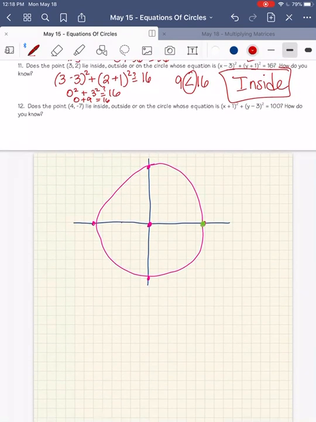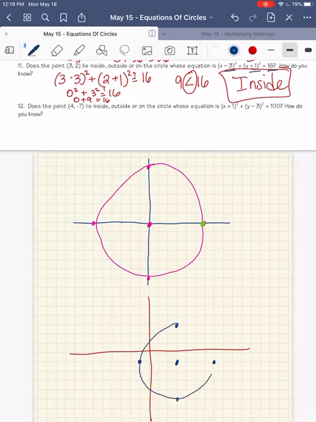Okay? And again, let me draw it really quickly just so you feel confident and understand what I'm doing. All right, so my center would be at (3, -1). And my radius would be 4, right? Because this is my h and my k and my radius squared. So my radius would be 4. 2, 3, 4. 1, 2, 3, 4.